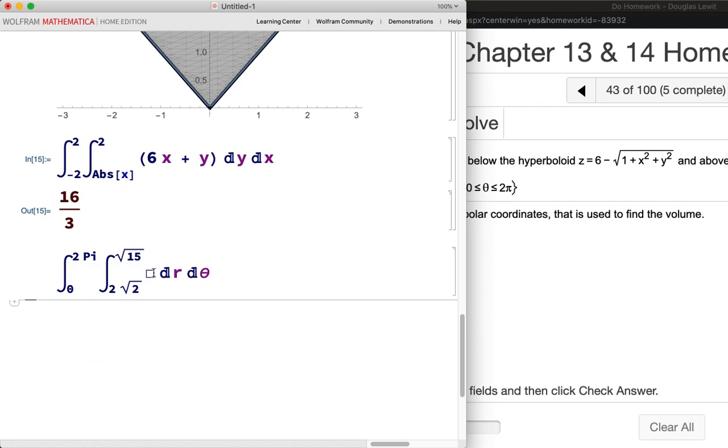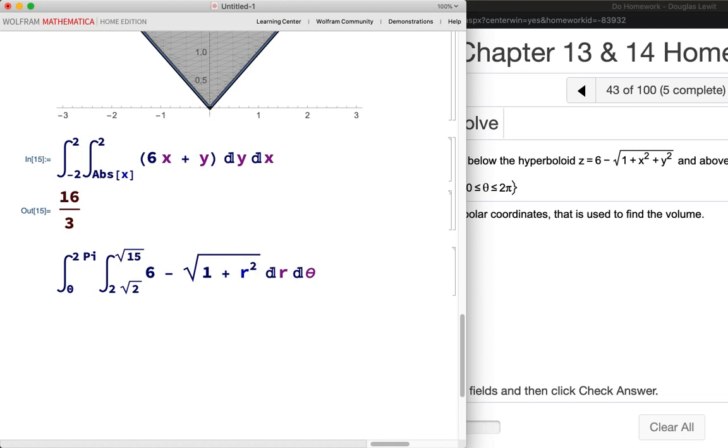Now this part you have to be really tricky with. So we have 6 minus the square root of 1 plus r to the power of 2. And you might think this is the answer.